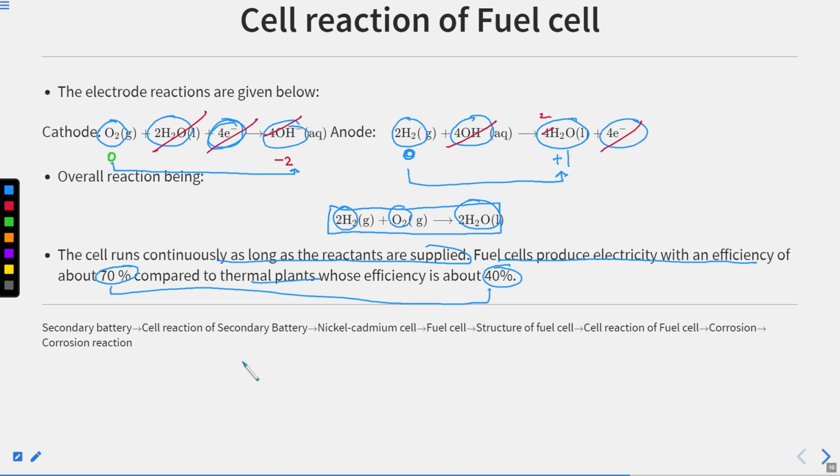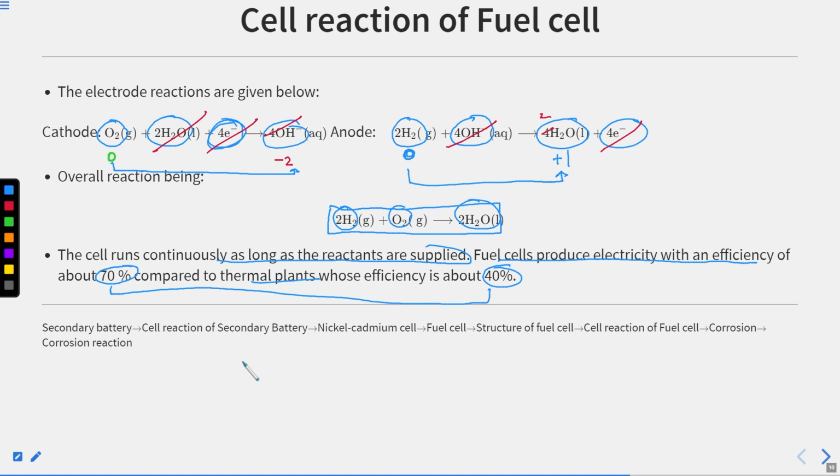You can imagine the power is almost doubling. Going from 40 to 70, we are increasing the output by 30 percentage points.